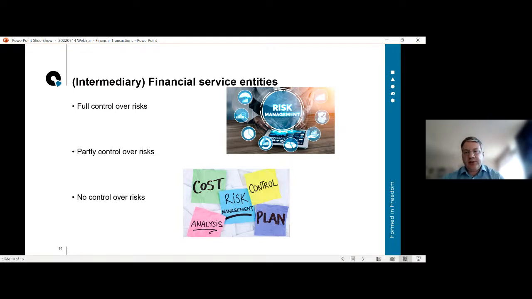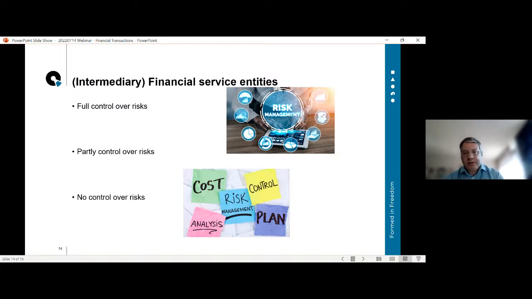But in the example given in the decree, the tax administration points out a situation in which there are employees employed at the level of the financial service entity in the Netherlands, and also there are employees employed in another country, but all those employees, so the employees that work in the Netherlands and the employees that work abroad, all have control over risks in respect of certain loan transactions.